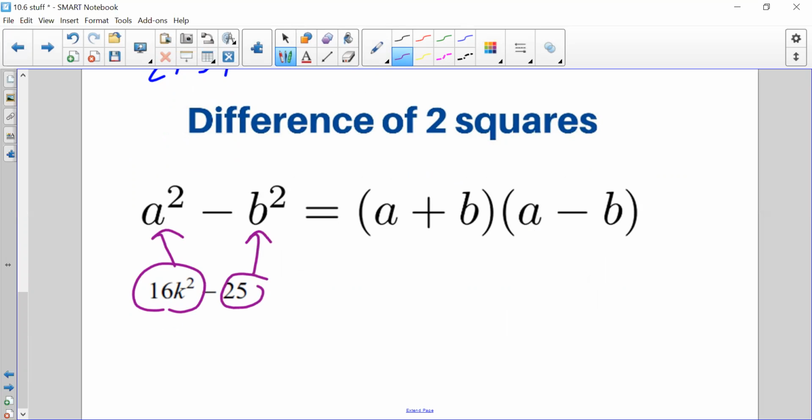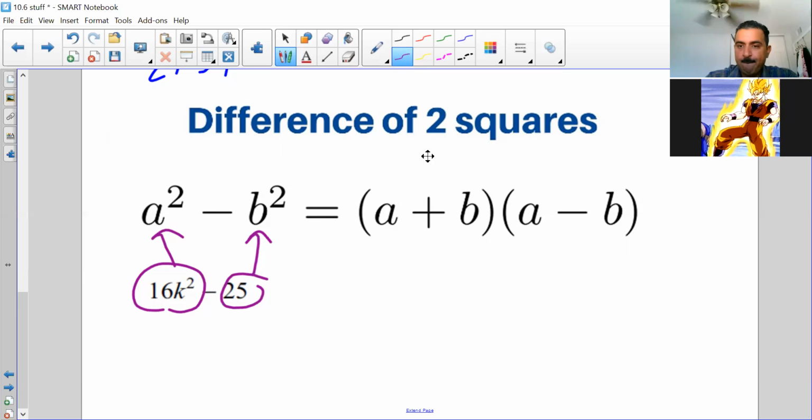Watch me rewrite it. I'm going to rewrite 16k squared as 4k in parentheses to the second power. Notice that. 4k in parentheses to the second power becomes 16k squared.